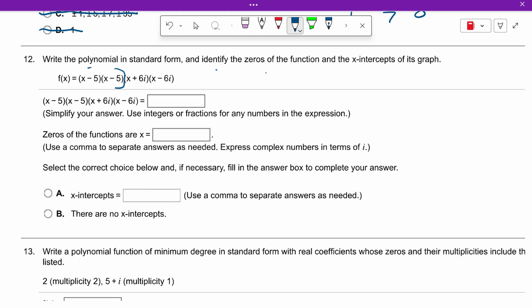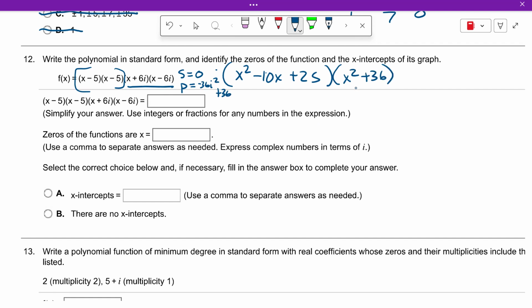If we FOIL this, we get x squared minus 10x plus 25. This part, when we do this, the sum of 6i and negative 6i is 0. Their product is negative 36i squared or plus 36. So it's x squared plus 36 is what we get for there.